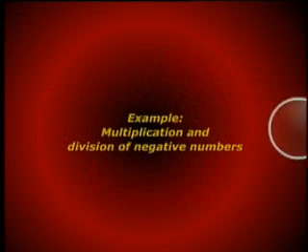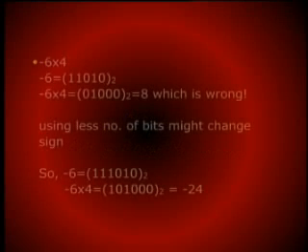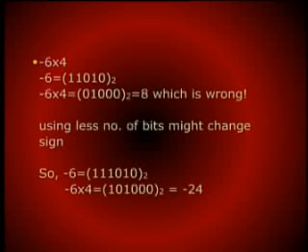Let us consider a couple of other examples with negative numbers and using the shift operations. Suppose we want to multiply minus 6 with 4. Minus 6 we represent in 2's complement using 5 bits as 1, 1, 0, 1, 0.